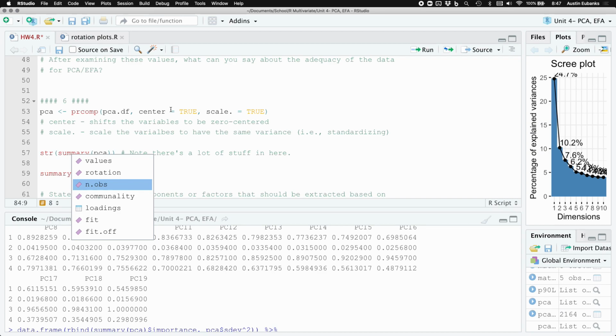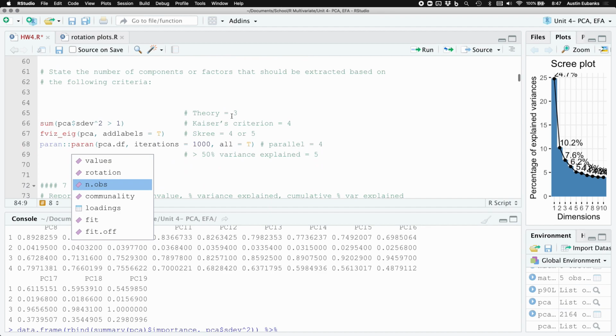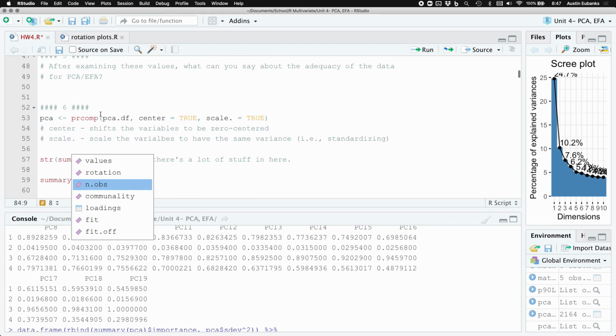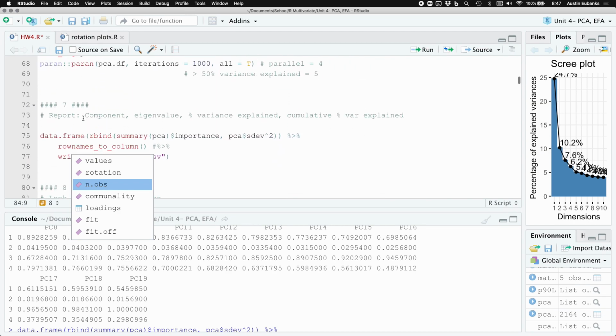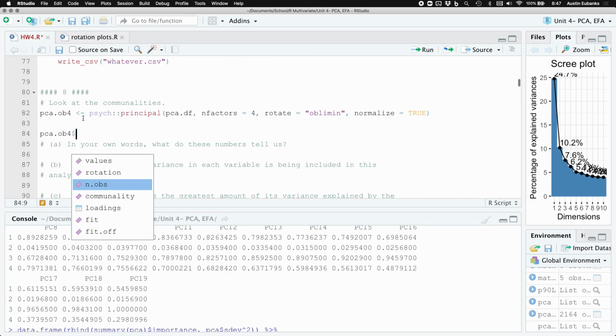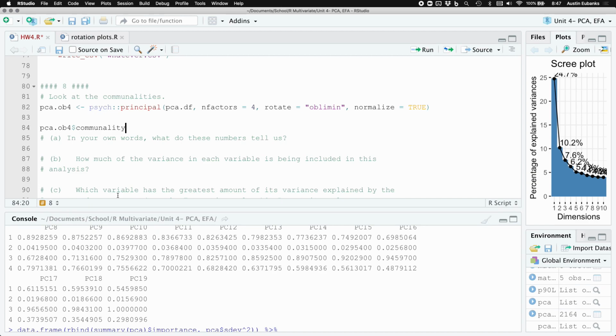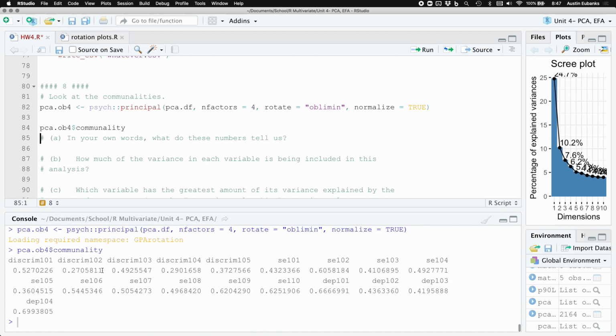That PCA was only to look at the Kaiser's criterion, scree plots, etc., and requiring 19 components. Now that we're past that and we've decided we need 3, 4, or 5, no more of that prcomp function.